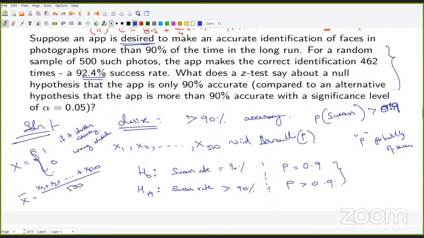Because if it is correctly identified, X1 will take 1. If it is wrong, it is 0. So X1 plus X2 and so on up to X500 is the number of correct identifications.